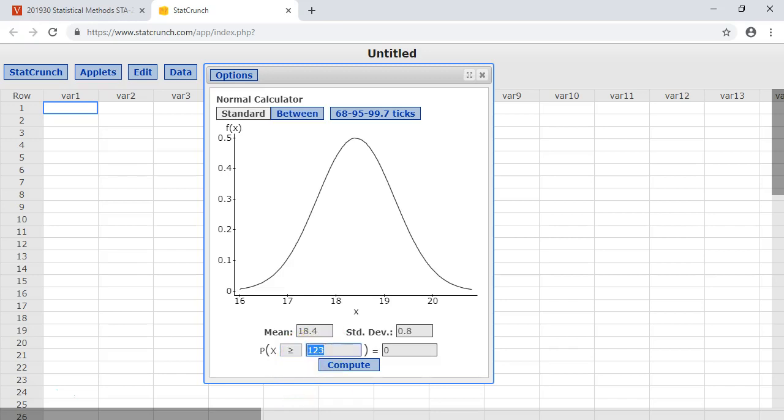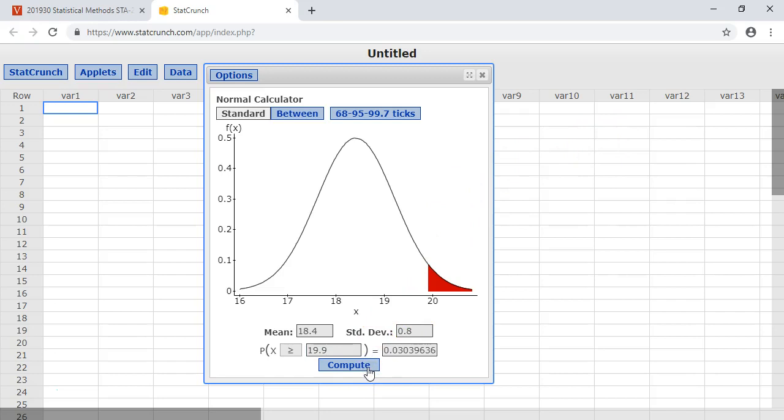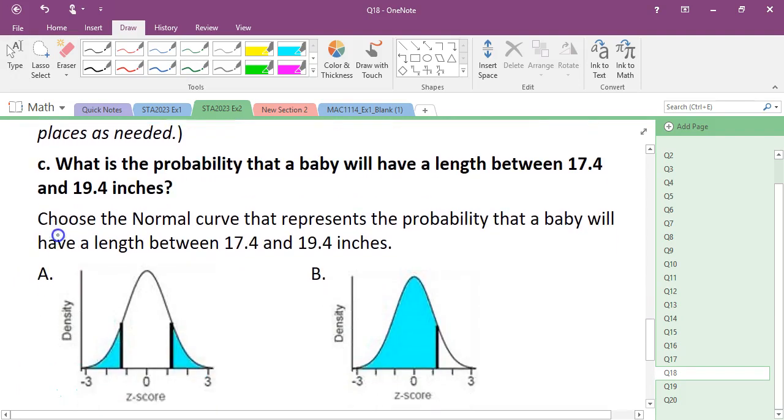What is our value? 19.9. And now we compute. Round to 3 decimal places. 0.030, you got it.